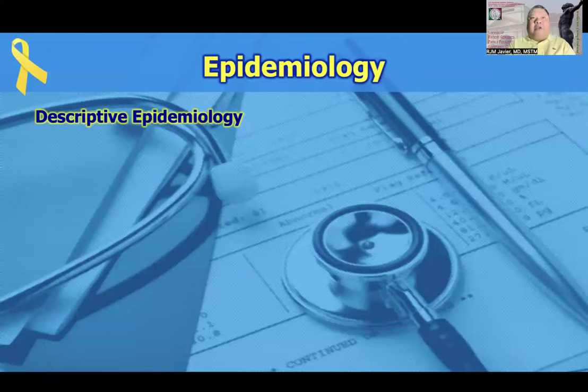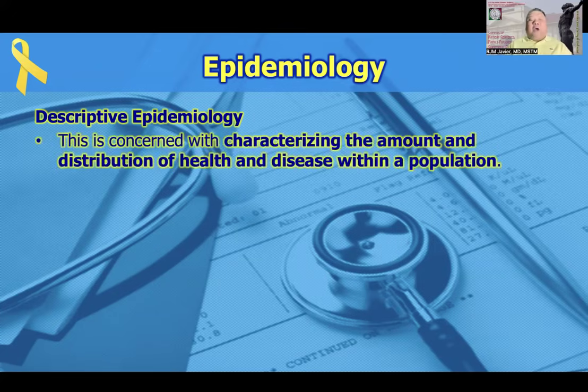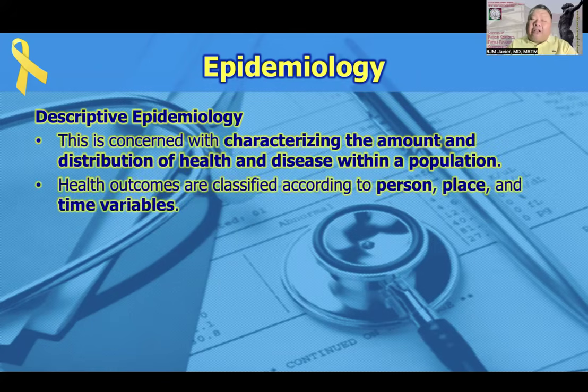If you recall from your previous lectures, we can dichotomize epidemiology into two broad categories. You have your descriptive epidemiology and you have your analytic epidemiology. Descriptive epidemiology, as a review, will be concerned in characterizing the amount and distribution of health and disease within a population. Health outcomes are classified according to person, place, and time variables.